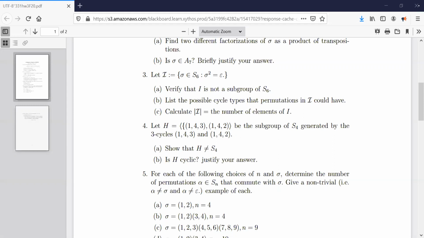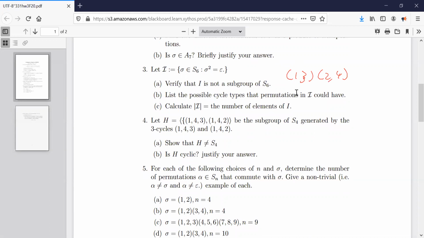So 1, 3, 2, 4. That's also fine. They must be disjoint though. Yeah, because otherwise it would just be a 3 cycle. Yeah, I mean an element that you would write as these double 2 cycles.